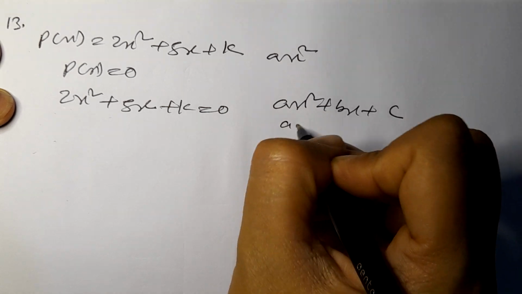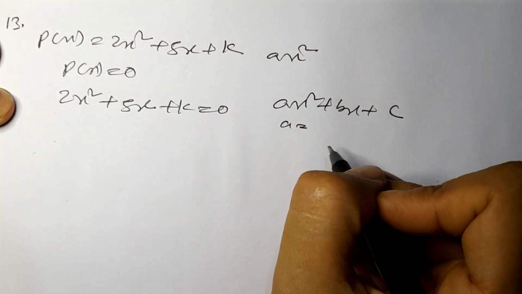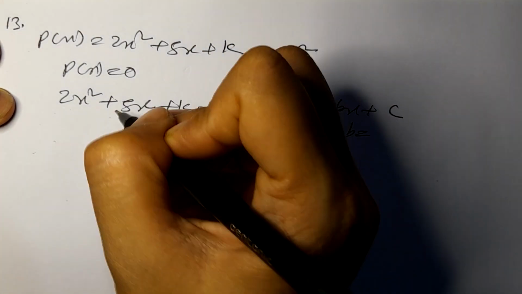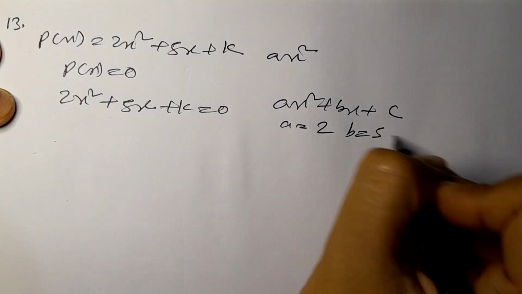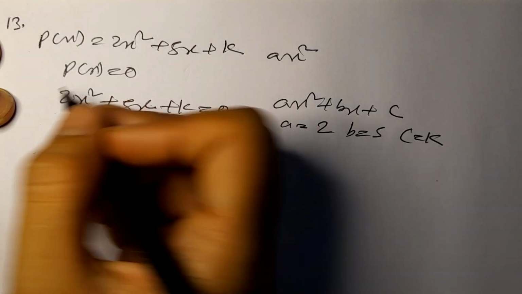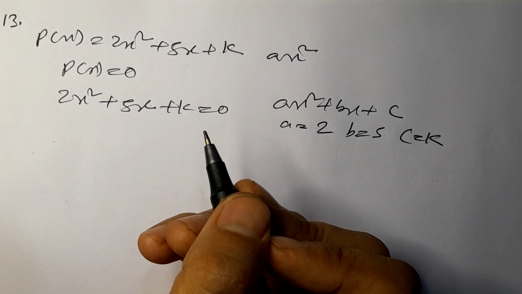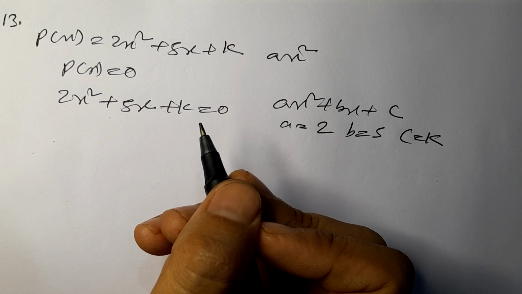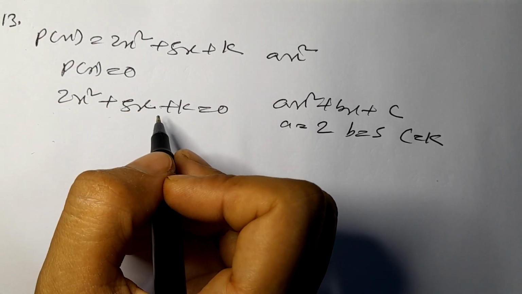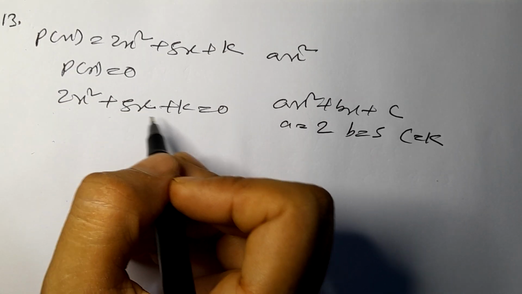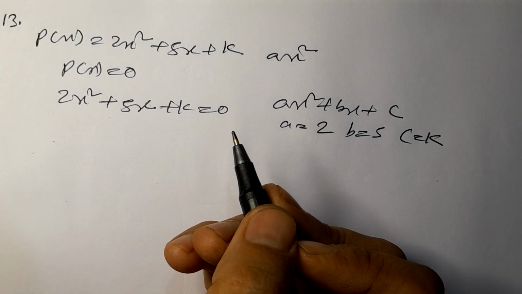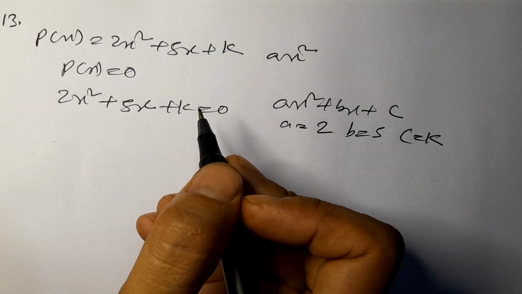So here the value of a, coefficient of x square, is 2, b, coefficient of x, is 5, and the constant is k. Now from here we cannot find the middle term, because here k is unknown.